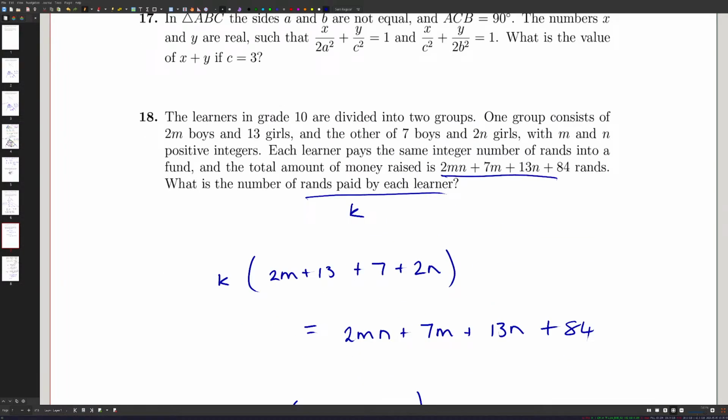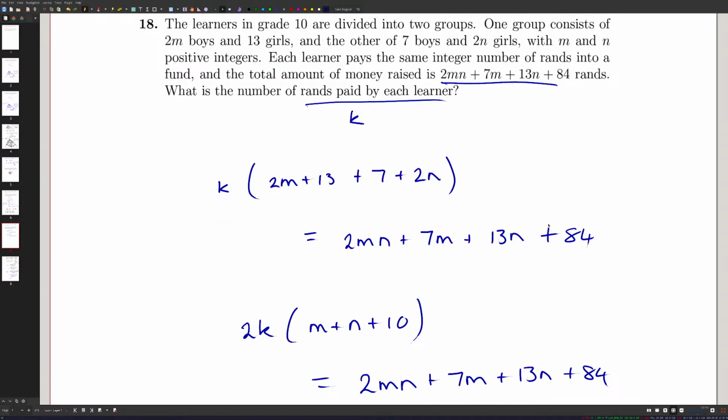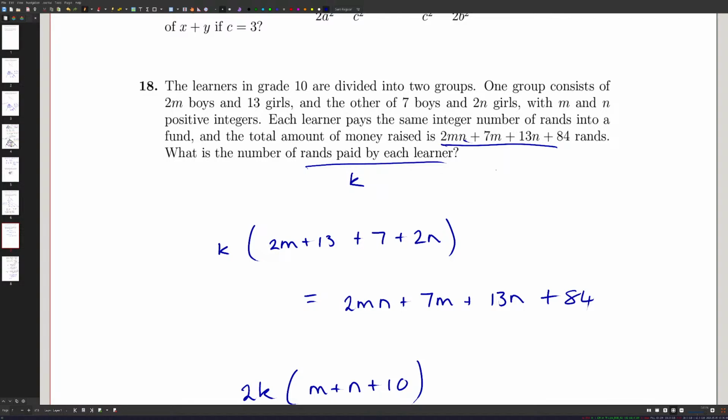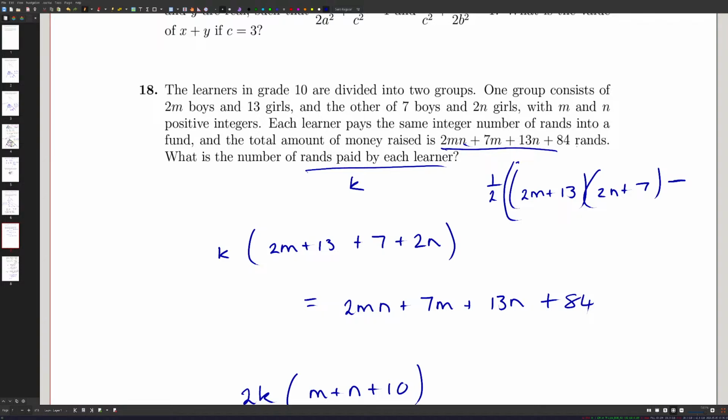The thing about things like this is this can be factorized, sort of. This is a half of (2m plus 13)(2n plus 7), and then minus, so 168, and here we've got 91.